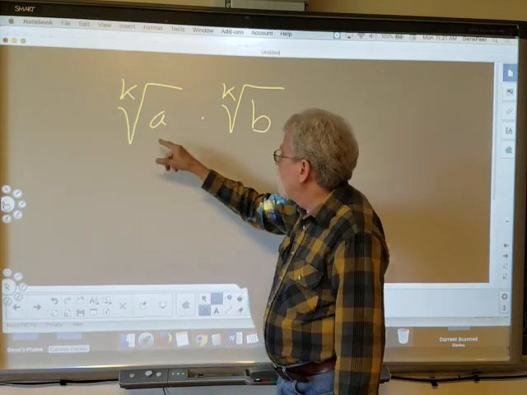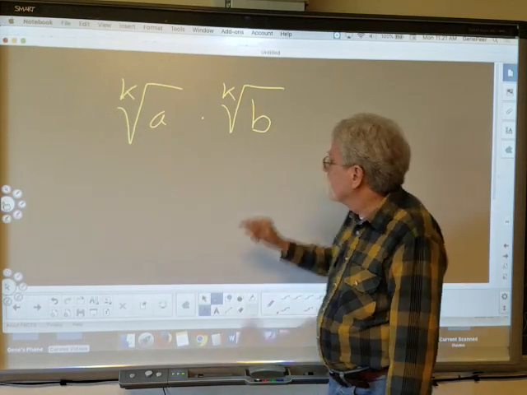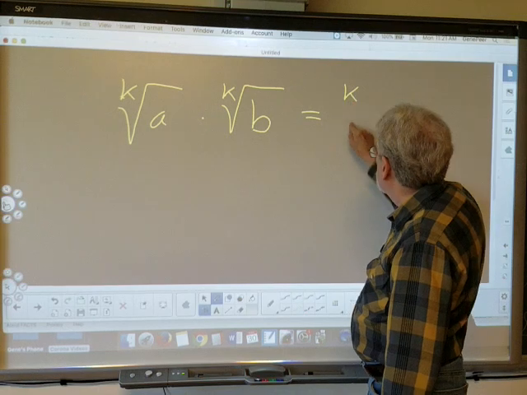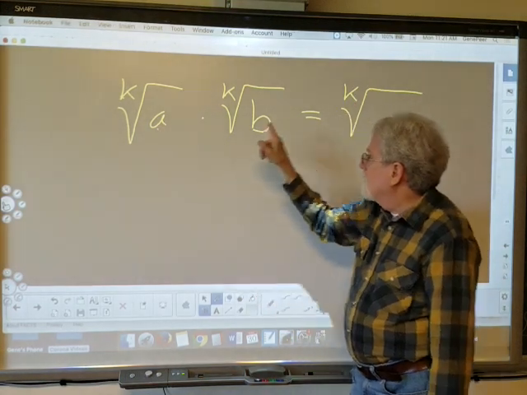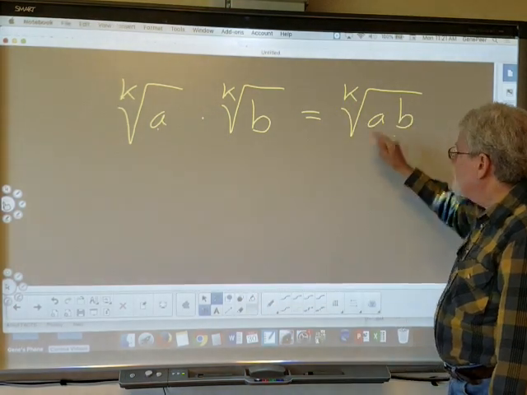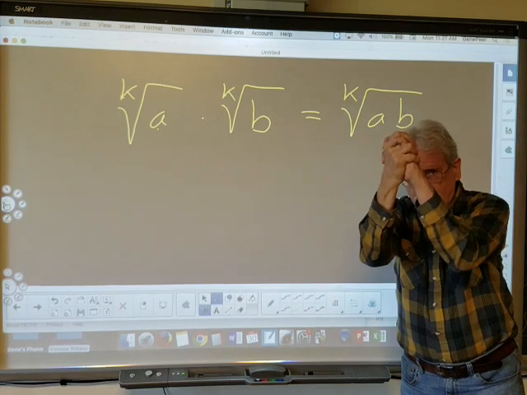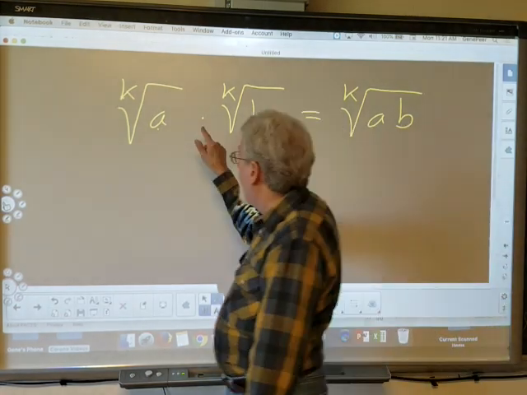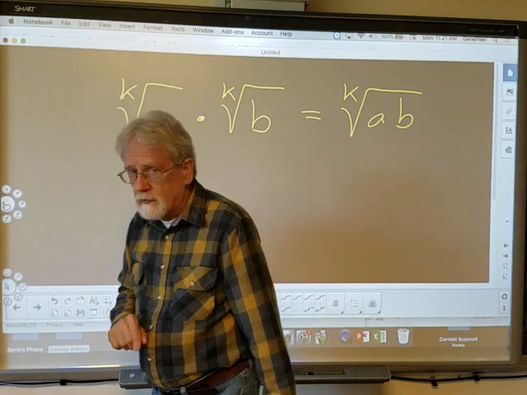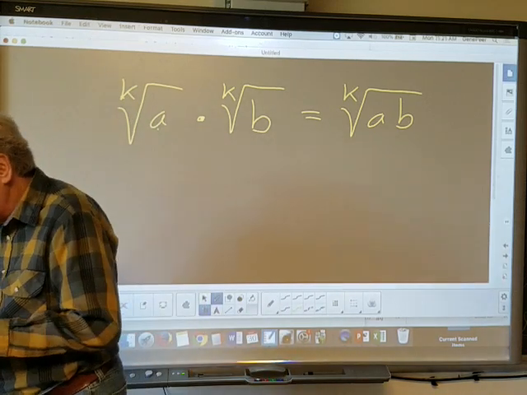The kth root of A times the kth root of B will be equal to the kth root of, just multiply, A times B. You can simply put them together. That's it. But only when multiplying, not when adding.